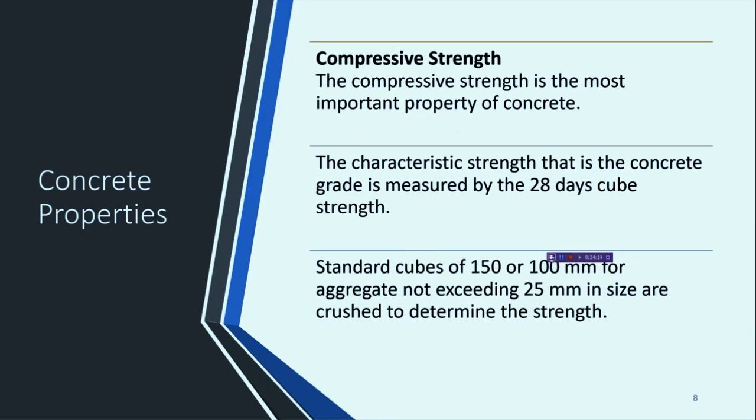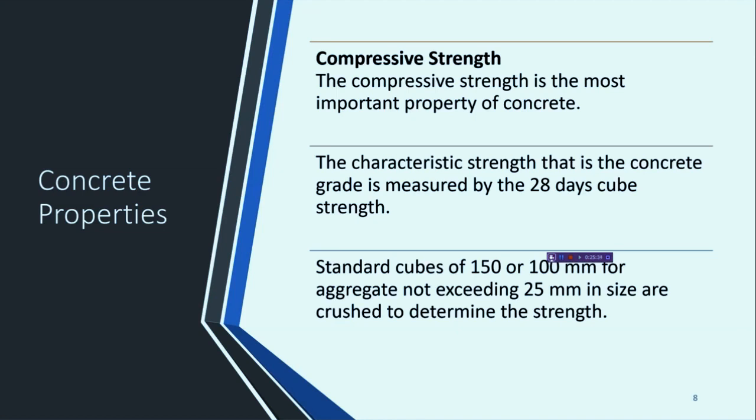The characteristic strength, that is the concrete grade, is measured by the 28 days cube strength. So how do you test the compressive strength of the concrete? You will make it in the form of a cube. I believe that you have made this kind of cube, so there will be a gauge that will measure how much load will cause the concrete to fail.